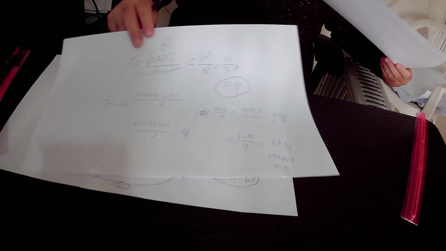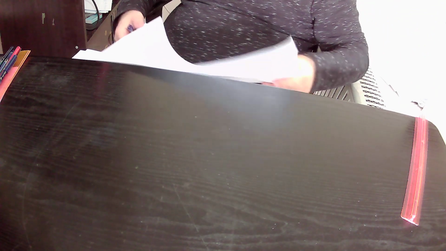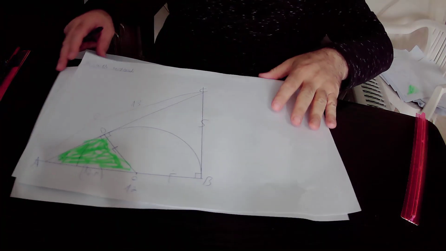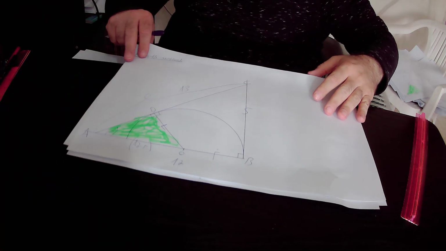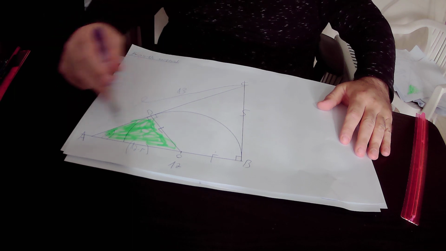Then I presented to you how to find the area of the semicircle according to the fourth method. In the fourth method, we defined this angle, angle CAB, as angle theta.